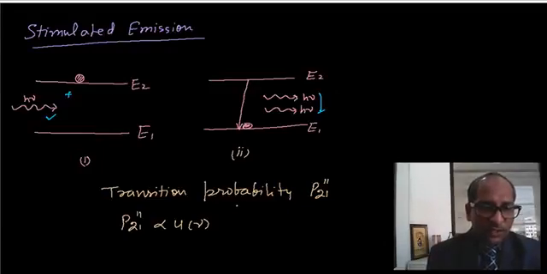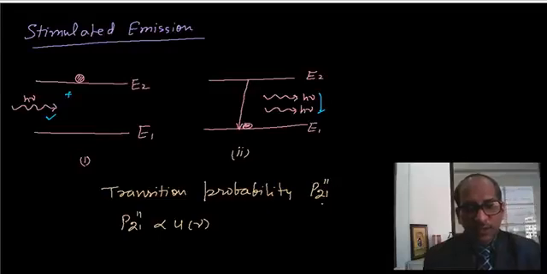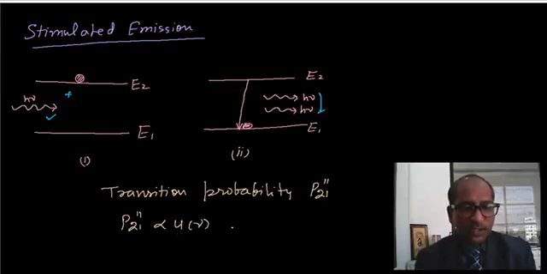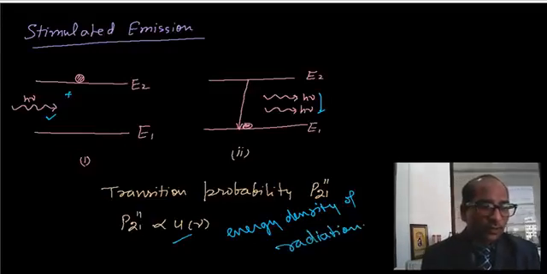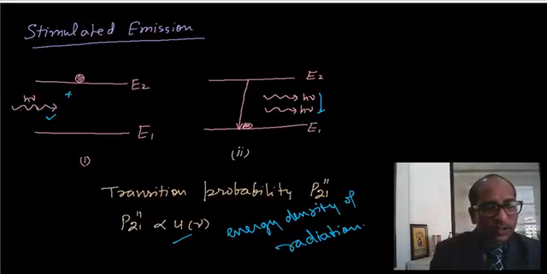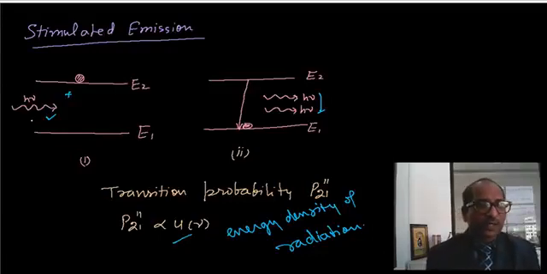So what about the transition probability? The transition probability here is denoted by P21 double prime, and that is again directly proportional to the energy density of the radiation, U nu. So if you increase the density of incident radiation, obviously a large number of atoms will get induced, and as a result you will get coherent light.